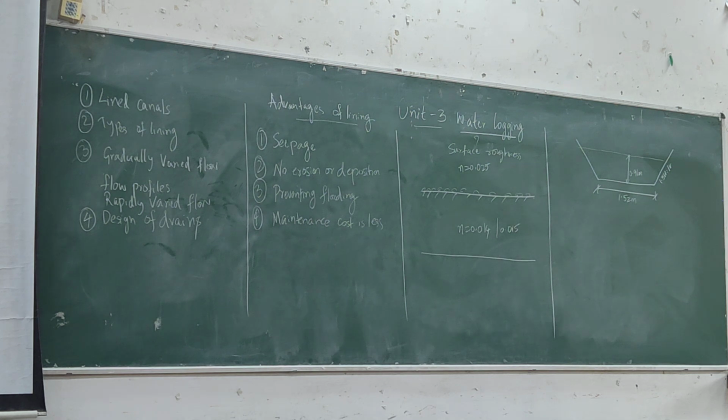Now somebody has designed an unlined canal. This is a section of an unlined canal. We don't know what the discharge is, but we know the dimensions of the canal, and this is unlined. We want to convert this into a lined canal. So based on this given data, we have to design a lined section.